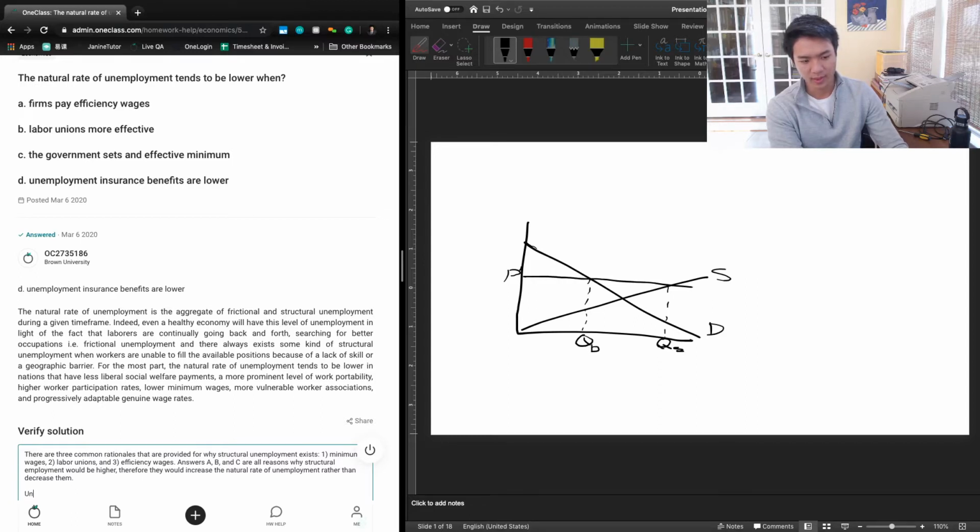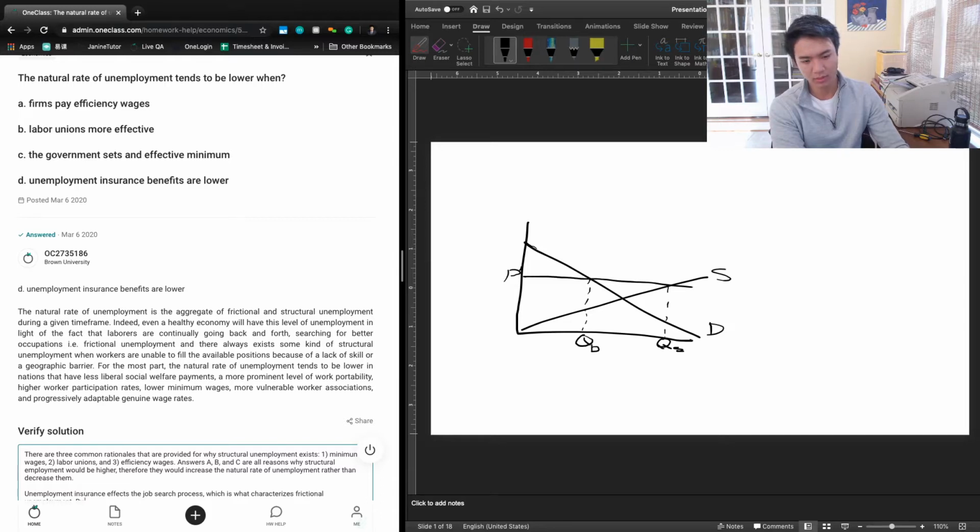And then we can say unemployment benefits. Unemployment insurance affects the job search process, which is what characterizes frictional unemployment.